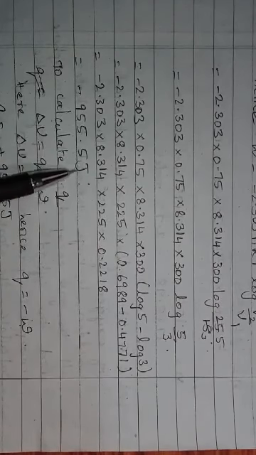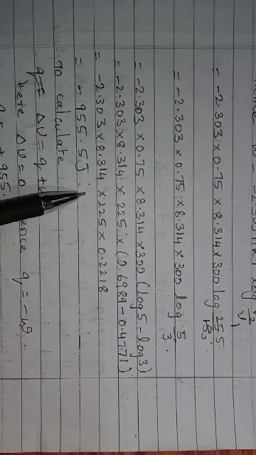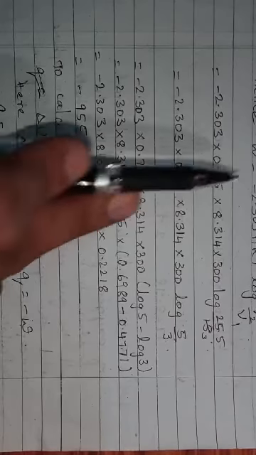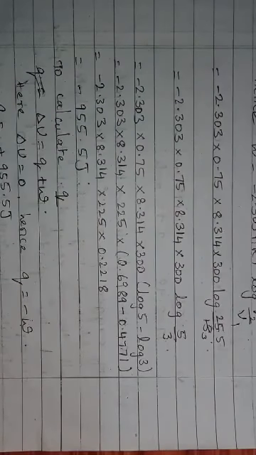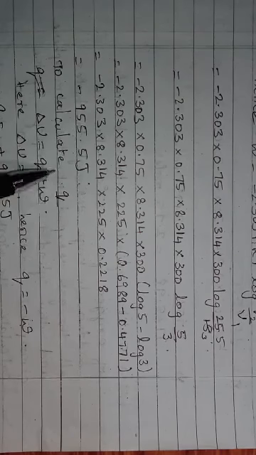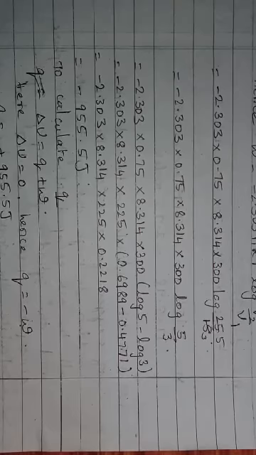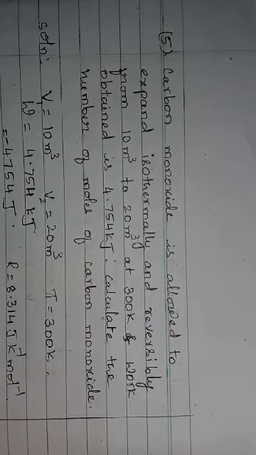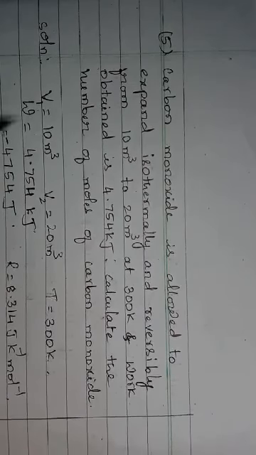Already we have calculated the work done by the system, with a negative sign because it is expansion. So the amount of heat absorbed is positive, plus 955.5 joules. Let us do the fifth problem.